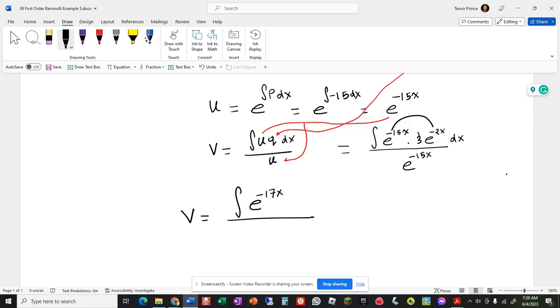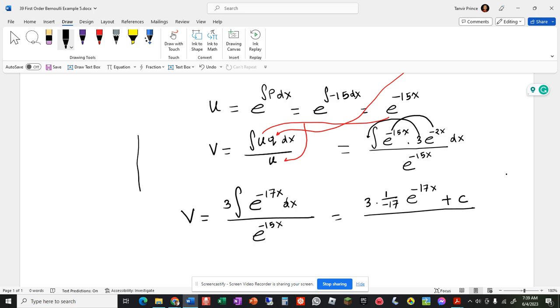And this 3, I can bring it outside the integral, divided by e to the negative 15x. So 3 times, now the integral of e to the negative 17x is just 1 over negative 17 e to the negative 17x. And then have to have plus c.